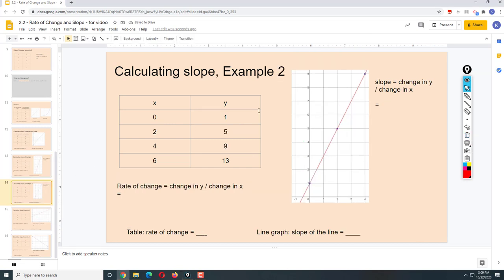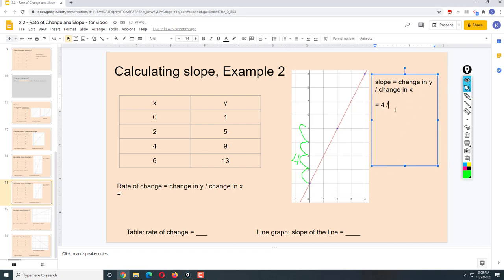Next one. This time, we are going up 1, 2, 3, 4. So the change in y is 4. The change in x, we count 1, 2.